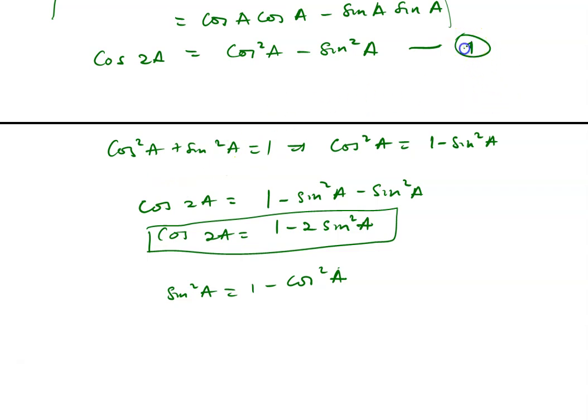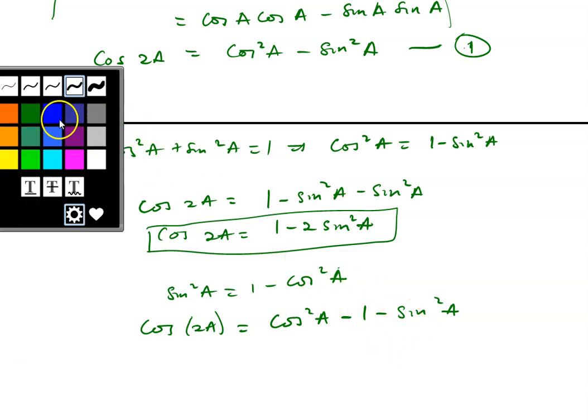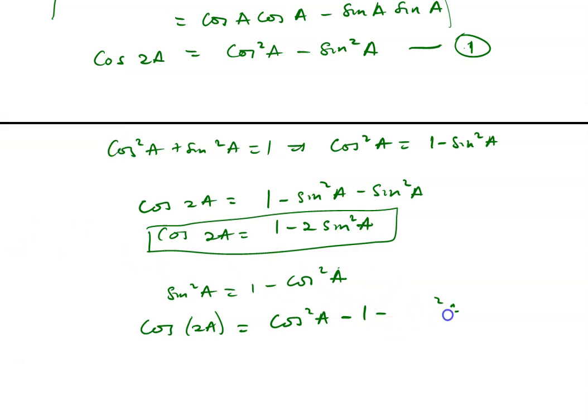So substituting it into equation 1, I'm going to get cos 2A equals cos squared A minus 1 minus cos squared A. Let me clean it.